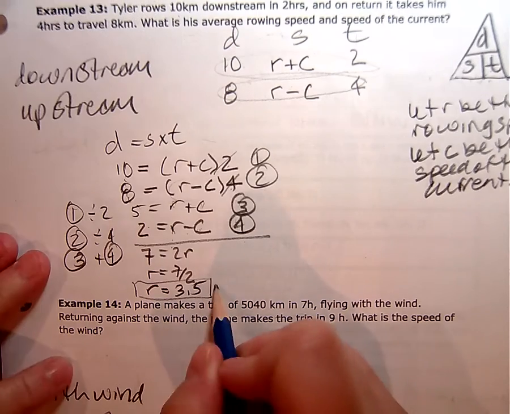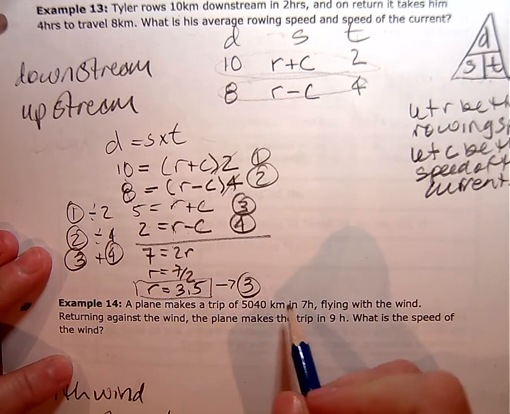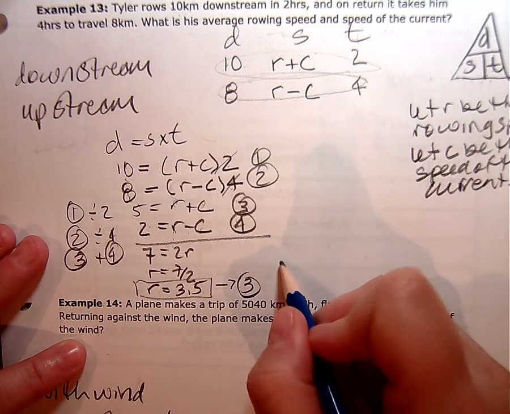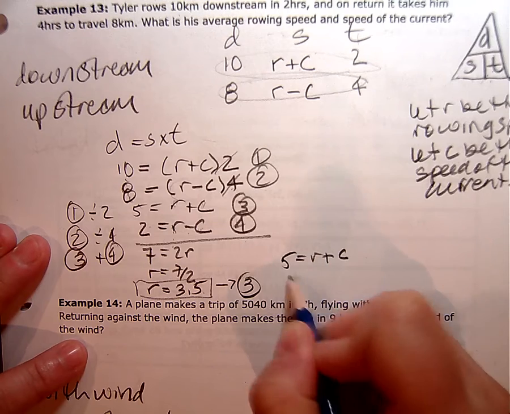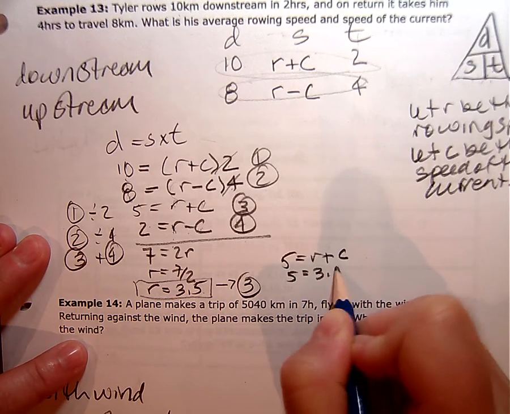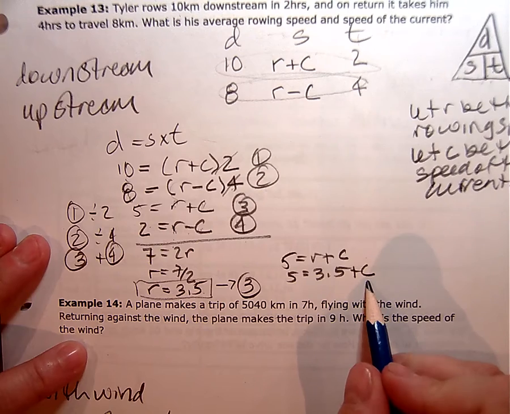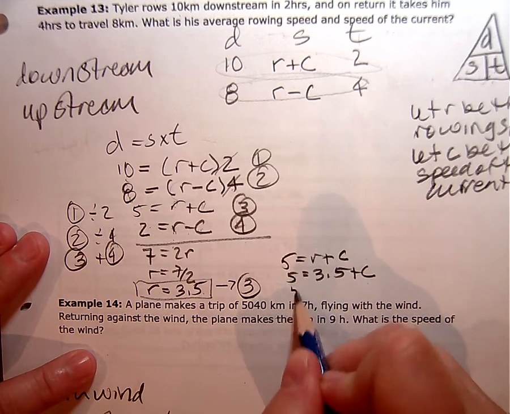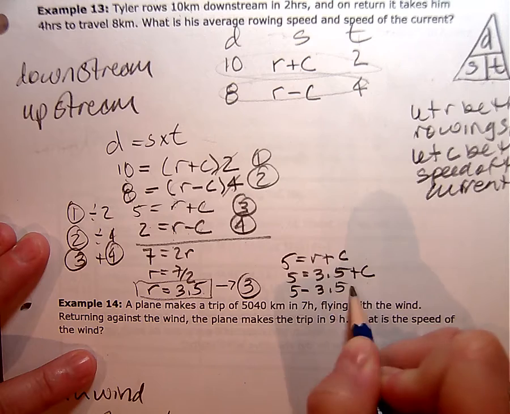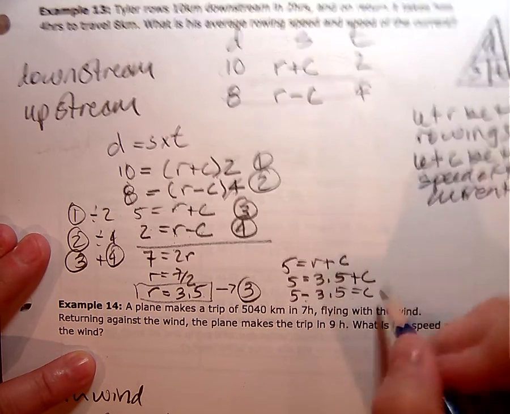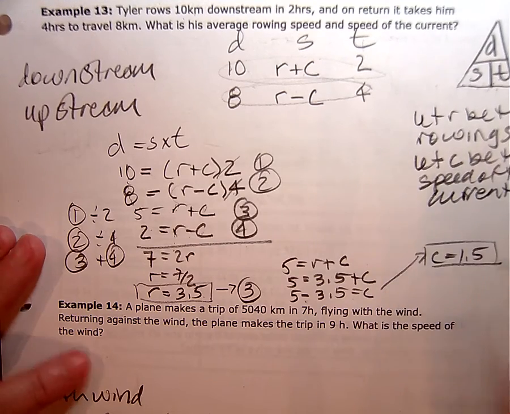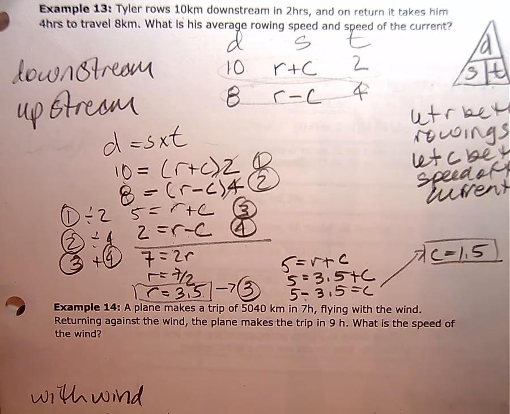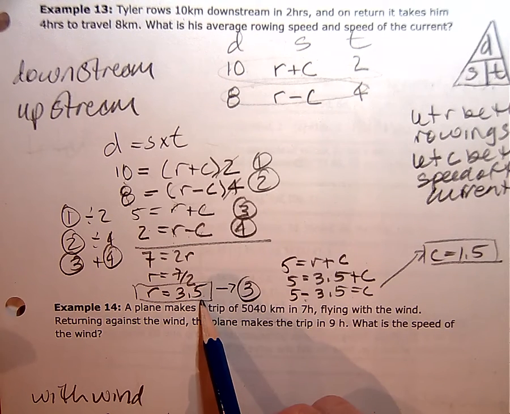Okay, so now I'm going to sub that into equation 3 to find out what C is. So I've got 5 equals R plus C, but R is 3.5. So I've got 5 minus 3.5 equals C, and C equals 1.5. And then our sentence is, the average rowing speed is 3.5 kilometers per hour.